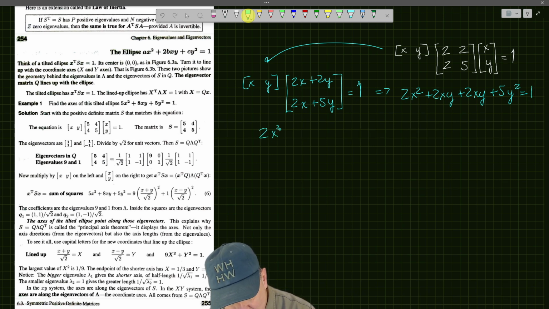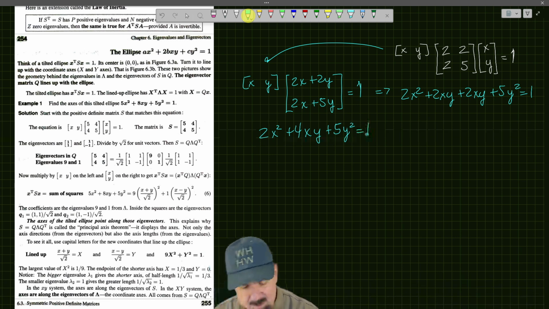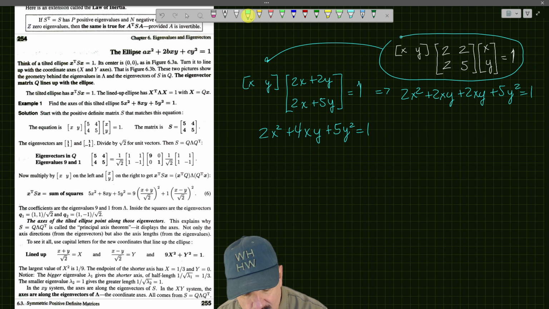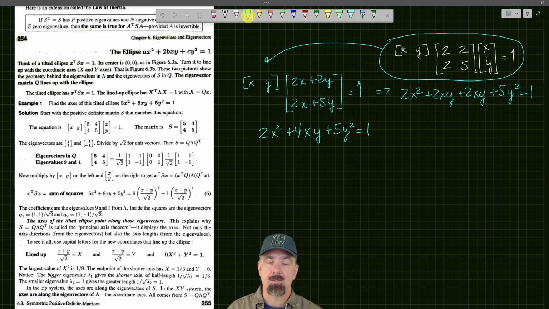Simplifying, we have 2x squared plus 4xy plus 5y squared is equal to 1. So that equation is the same as this equation right here. They represent the same thing. We could plot this ellipse. That would be no problem.